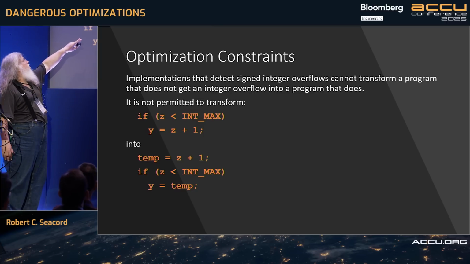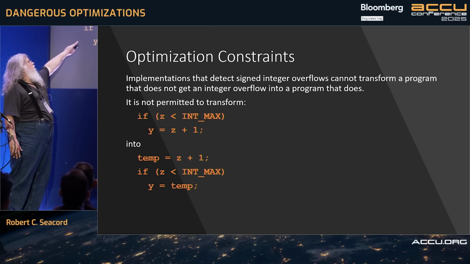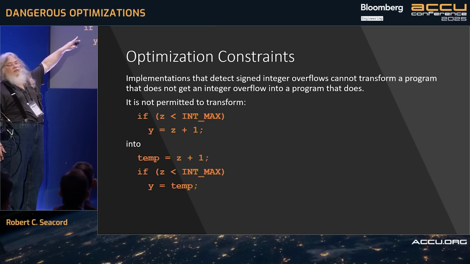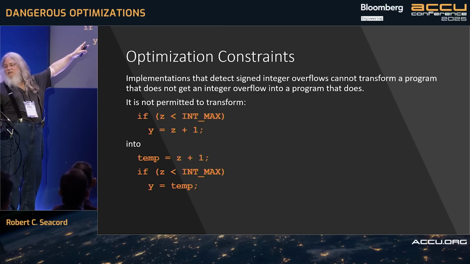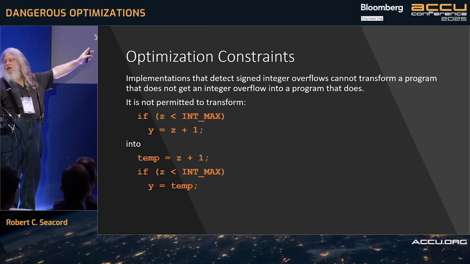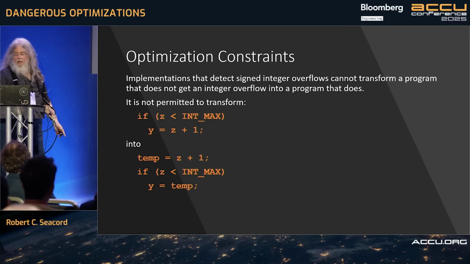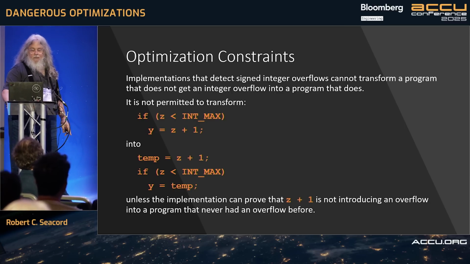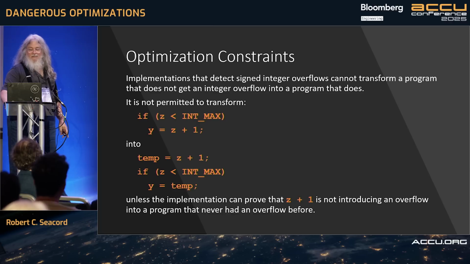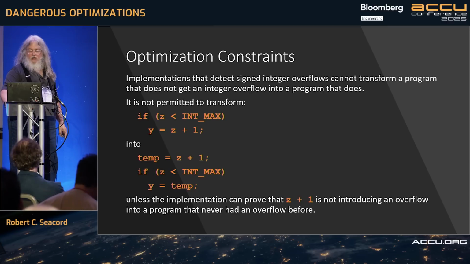Here, I calculate z plus 1 first, and then I test to see if it's less than INT_MAX. But z in this case could have been INT_MAX, in which case we would get overflow. If that were detected, the program would now crash. So we transformed a non-crashing program into a crashing program. That's not allowed. Unless, of course, the compiler can prove, through some sort of value propagation, that z is a value that's not going to overflow in this case.